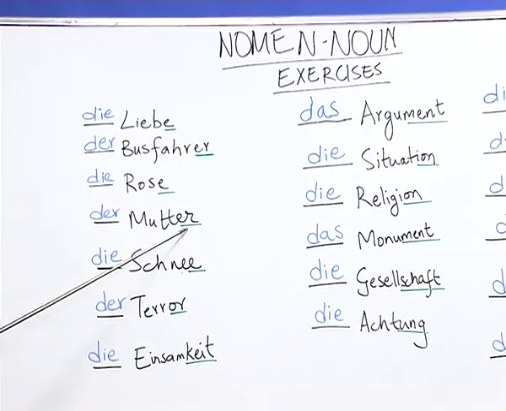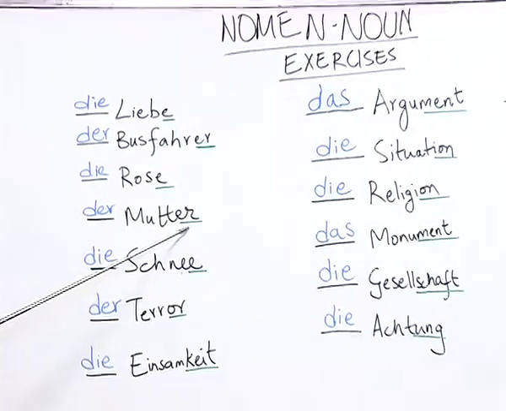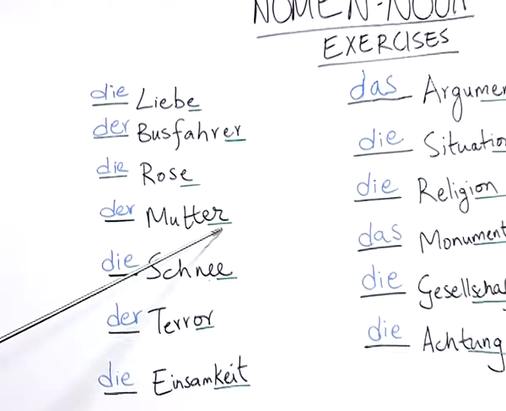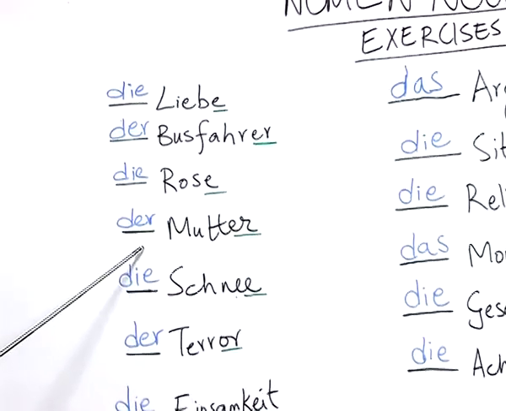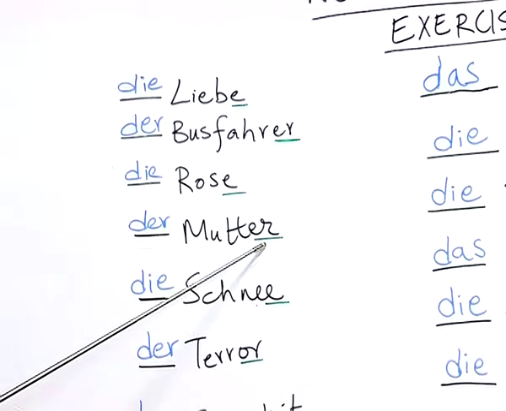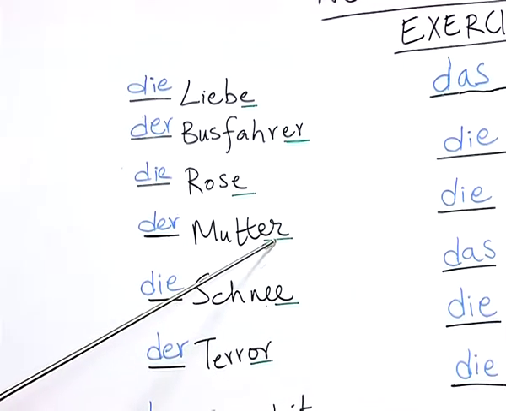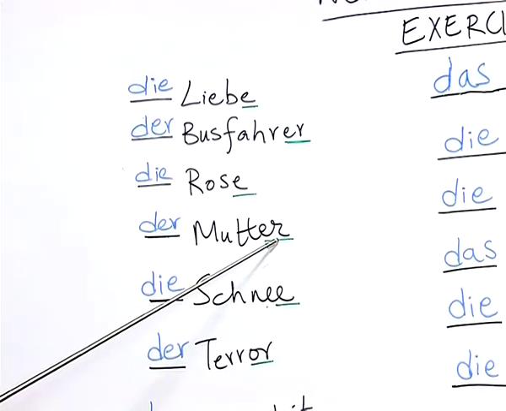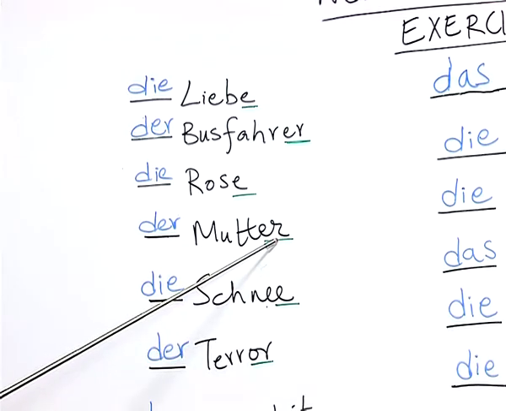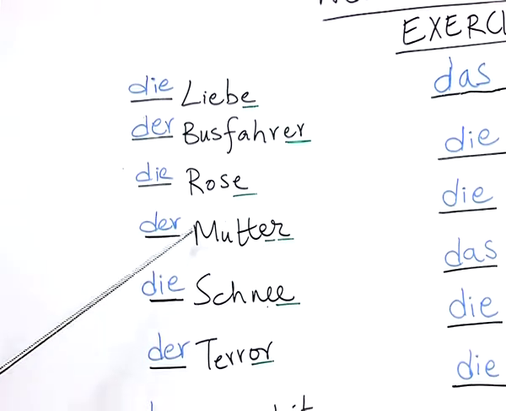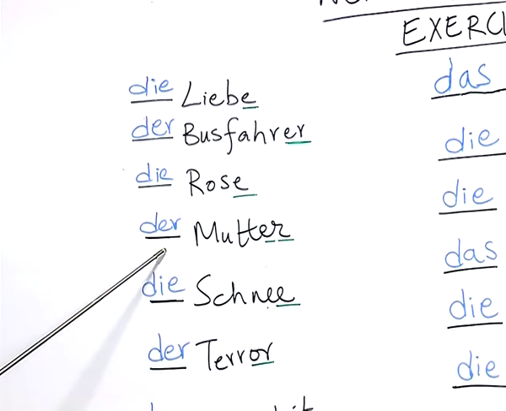Mutter. Now let us look at this ending -er. You will say the article is correct here, der Mutter, because the ending is -er as per the rule. However, this is an exception. The student has written a wrong answer.